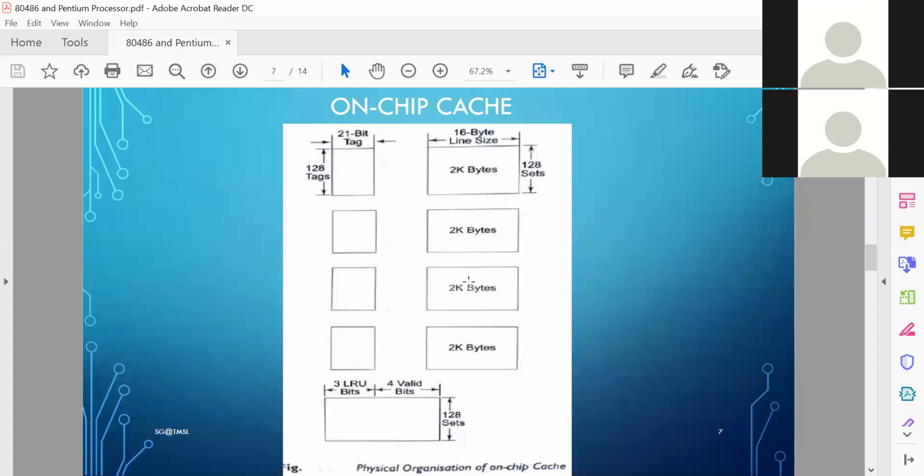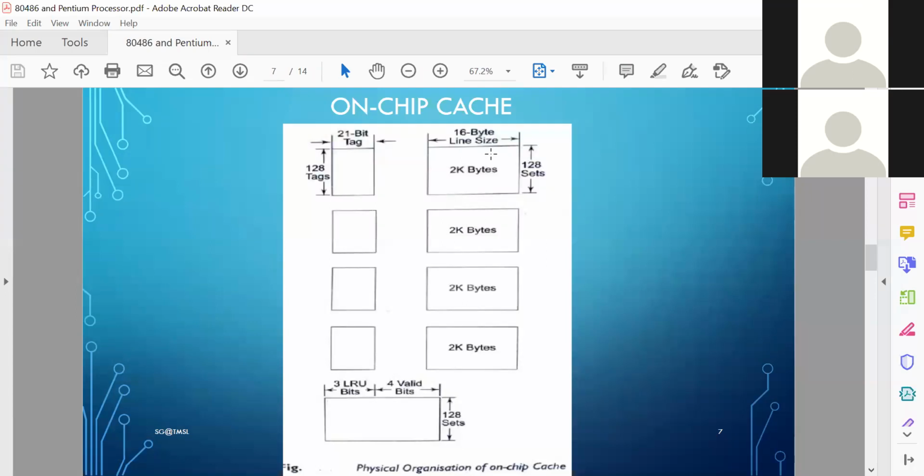The physical organization of the cache is given in this diagram, so that you can easily find that the 8 kilobytes of on-chip cache is divided into four 2-kilobyte associative memory blocks. Each 2-kilobyte memory block is arranged as 16 bytes column-wise and 128 rows row-wise.